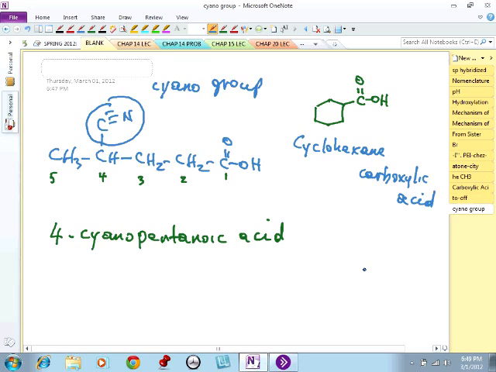Now, if on the other hand you have the cyano group attached to the ring system, here you give the complete name of the ring system, and then you add the word carbonitrile.